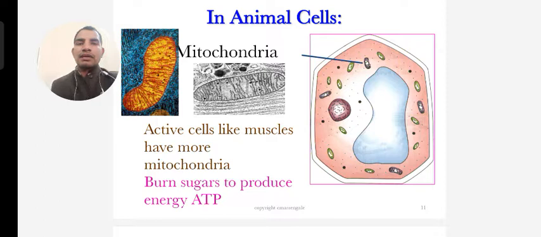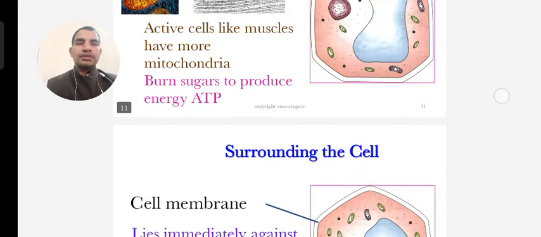Active cells like muscles have more mitochondria, which burn sugars to produce energy. So this is a very helpful component of the cell.